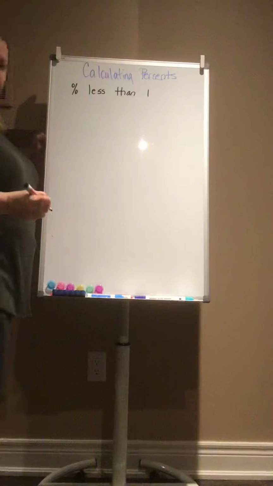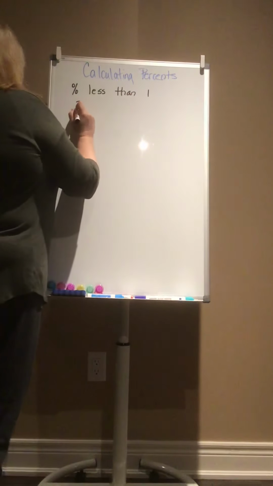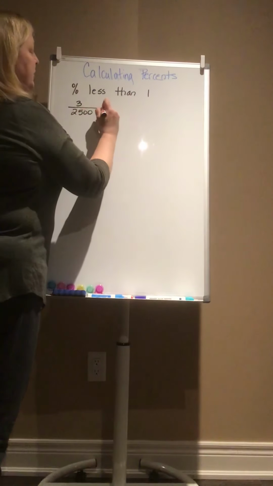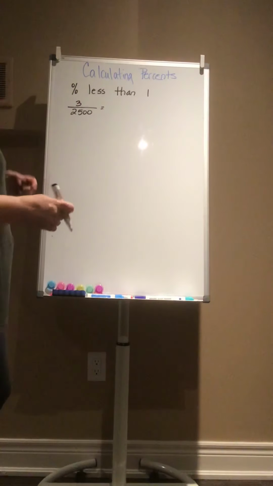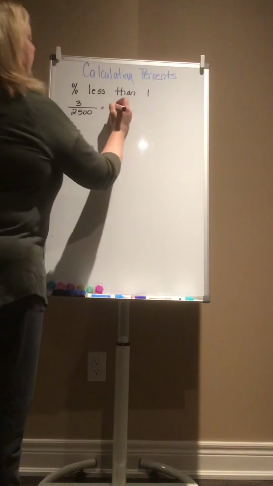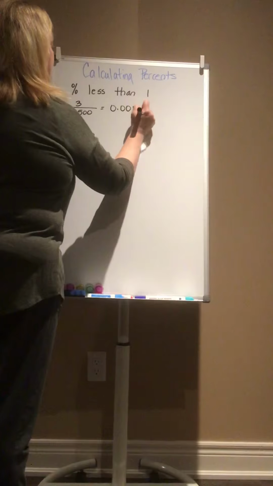The example I gave in your Google Doc was 3 over 2,500. Again, to turn that into a decimal, you all know it should be echoing in your brain by now. 3 top divided by bottom. Top divided by bottom is 0.0012.